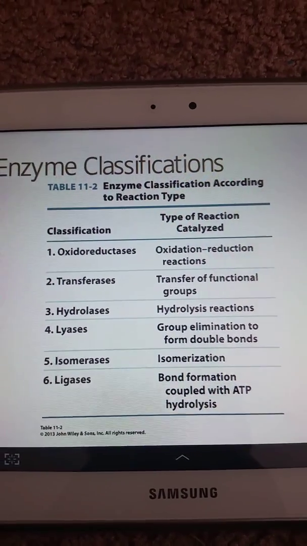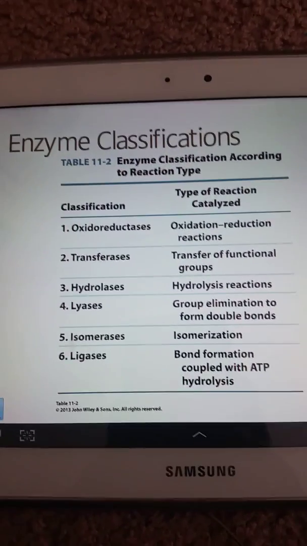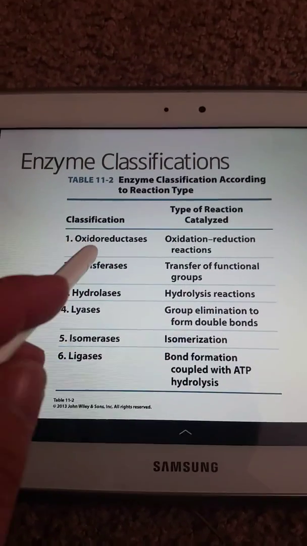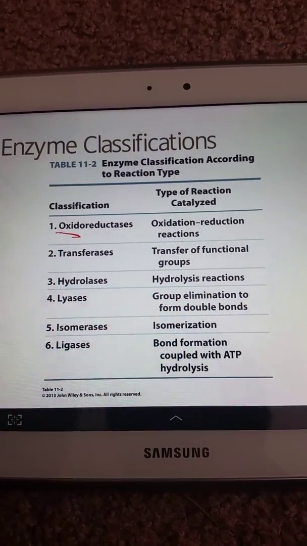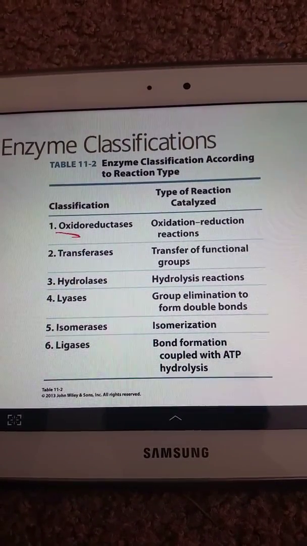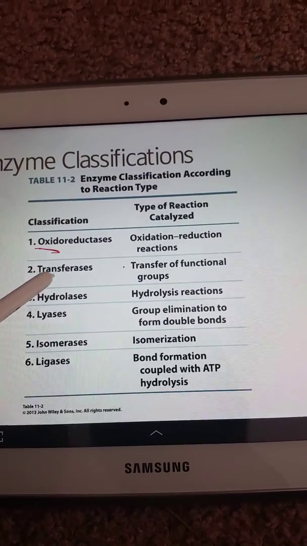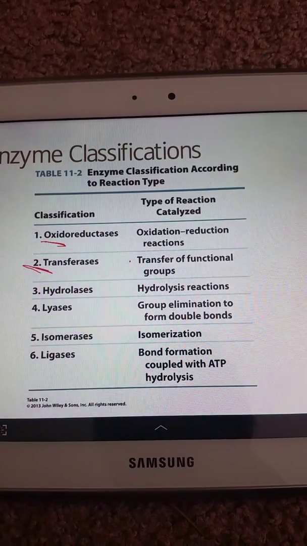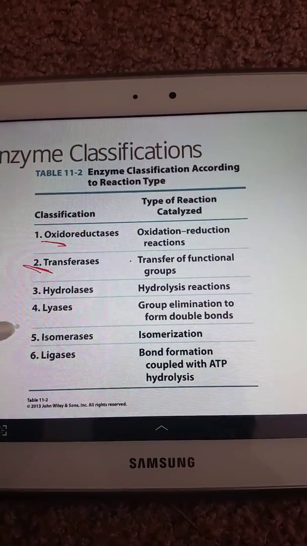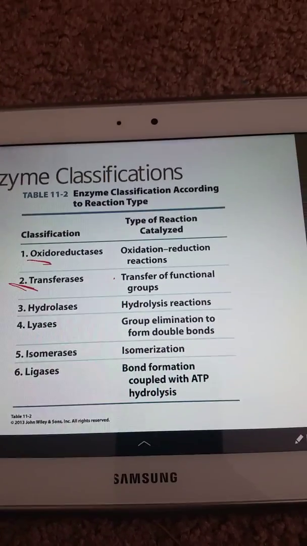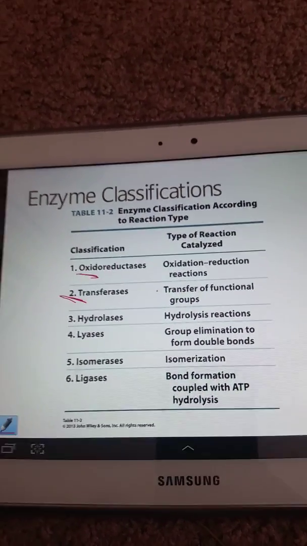There are 6 basic enzyme classifications, and they're usually termed based on the reaction that they catalyze. So you have oxidoreductases, which catalyze oxidation-reduction reactions. You have transferases, which transfer functional groups. Hydrolases do hydrolysis reactions, so we're breaking covalent bonds with water.